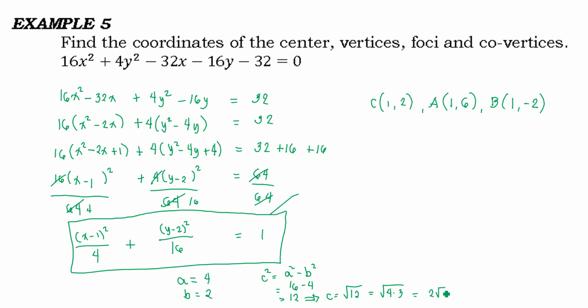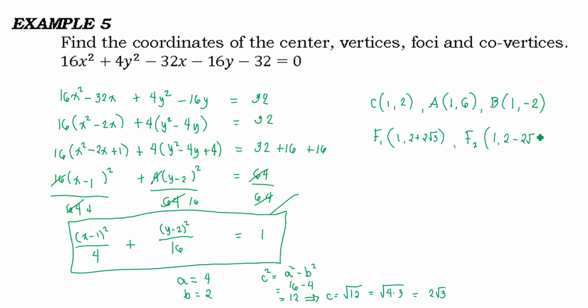So, for the foci, since it is vertical, we are just going to copy the x coordinate of the center. Say F sub 1 would be 1, and then we are going to add 2 square root of 3 to the y coordinate of the center. So 2 plus 2 square root of 3. Here, F sub 2 would be 1, it becomes minus. 2 minus 2 square root of 3.